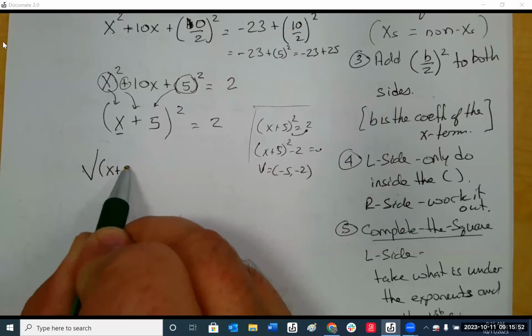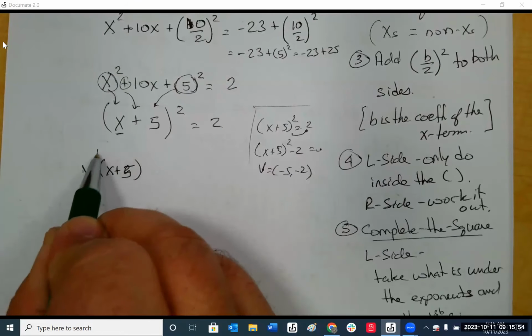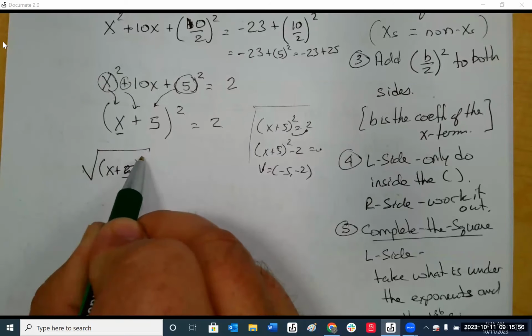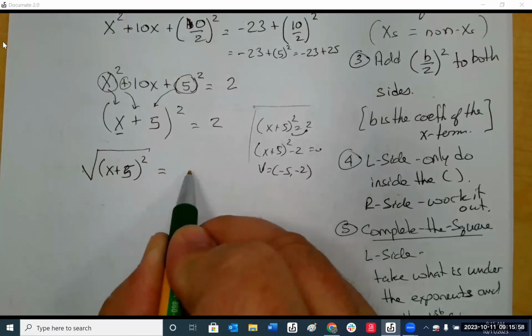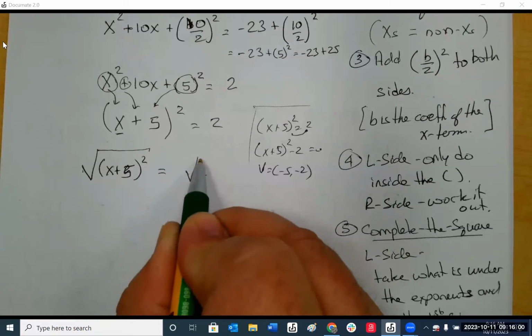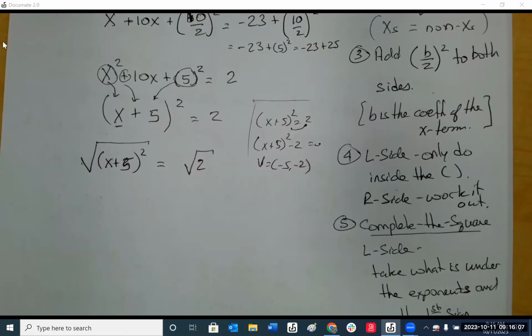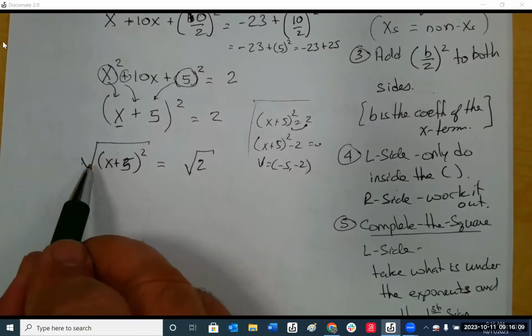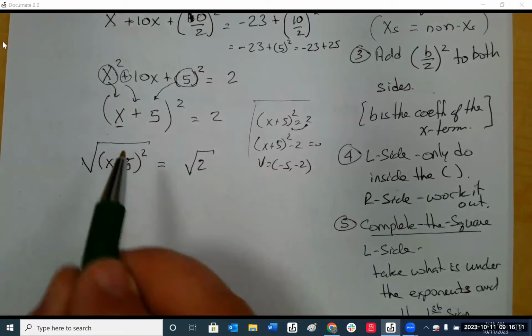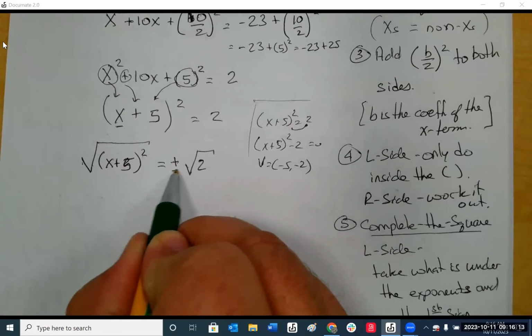Square root both sides. Here's something important. Whenever you take the square root of something that's squared, you have to put a plus or minus on the other side.